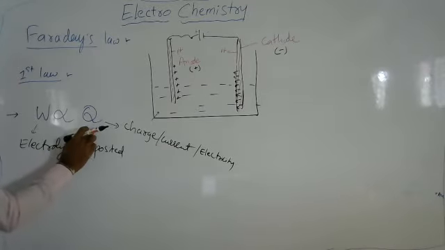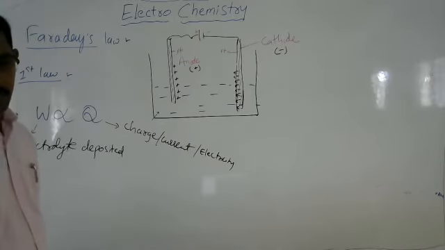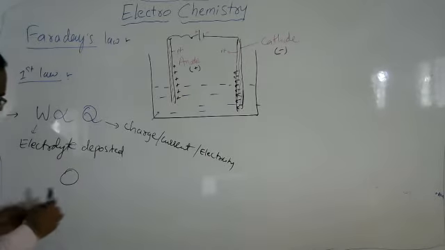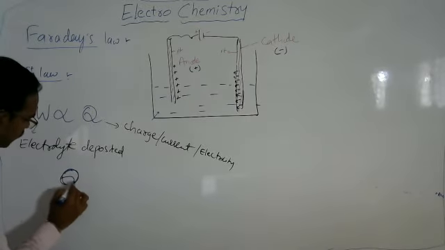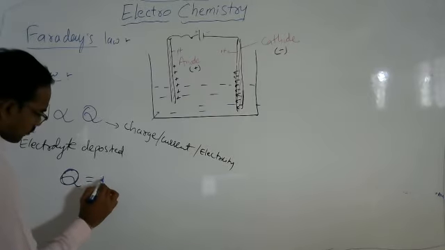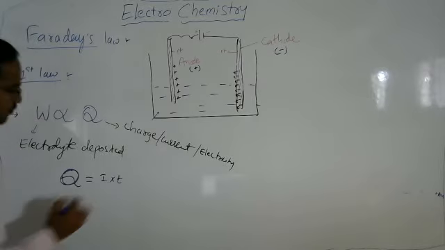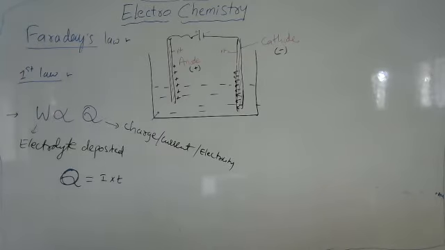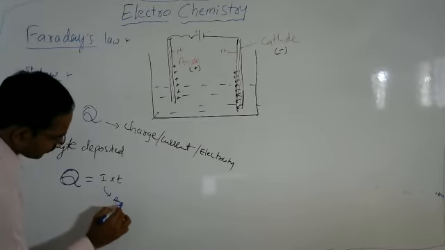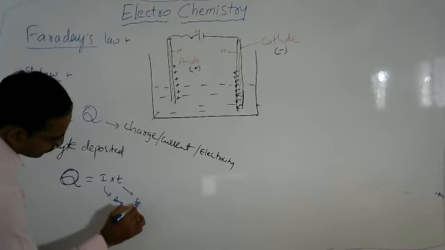Next, we have to know what charge is and how to calculate the charge. The formula comes in physics also: Q, charge, equals current into time, I into T. I is current in ampere, T is the time in seconds.